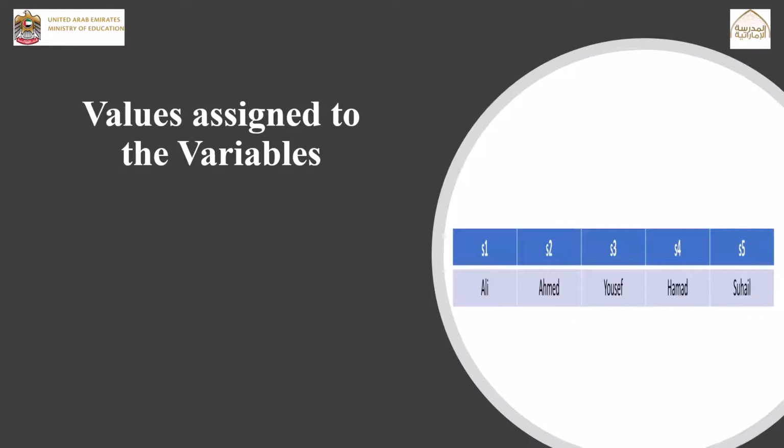Assuming the user entered the names as Ali, Ahmad, Yusuf, Hamid, and Suhail, the values assigned to the variables would look something like this. So far, so good. Moving on.